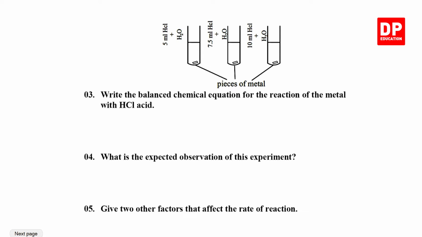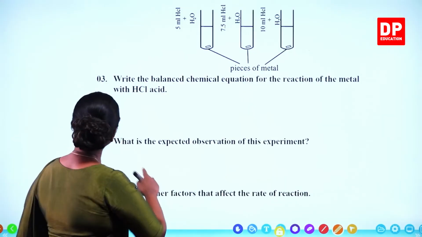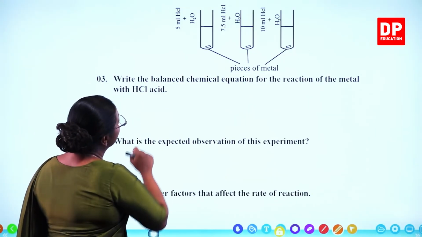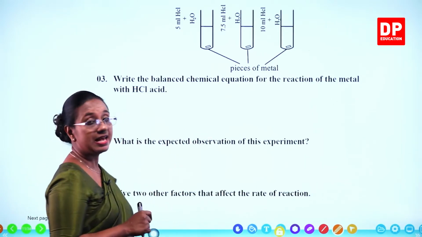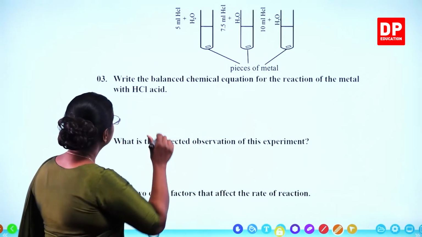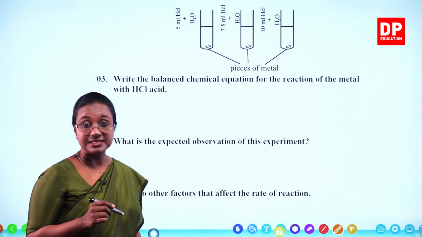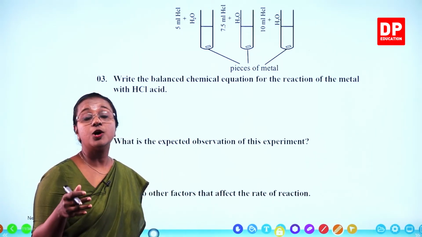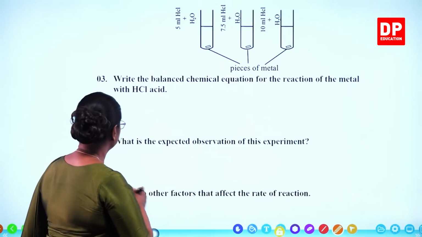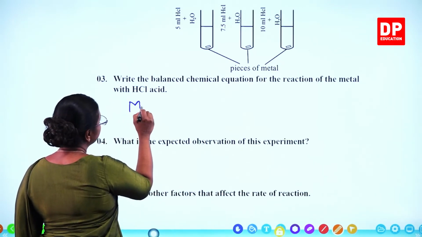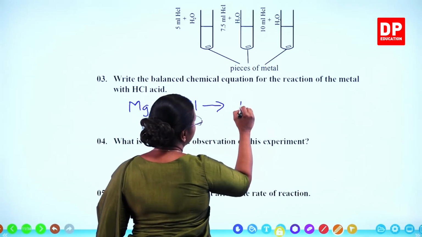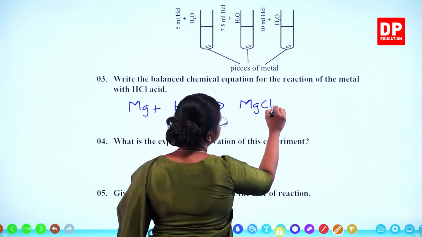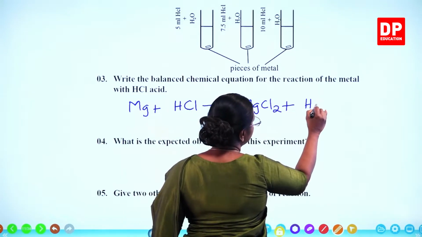Then, part 3 of the question. We have again discussed the activity before, students. Write the balanced chemical equation for the reaction of the metal with hydrochloric acid. I wrote the metal magnesium. If you write zinc, then accordingly you have to write the balanced equation. Here of course, magnesium with hydrochloric acid, you get magnesium chloride and H2 gas.